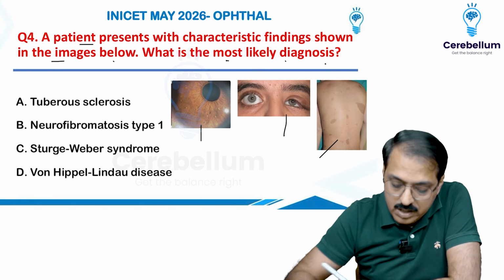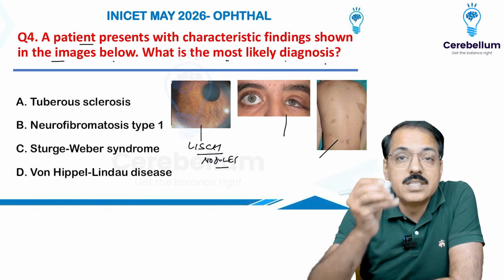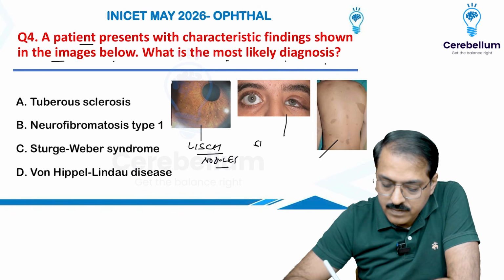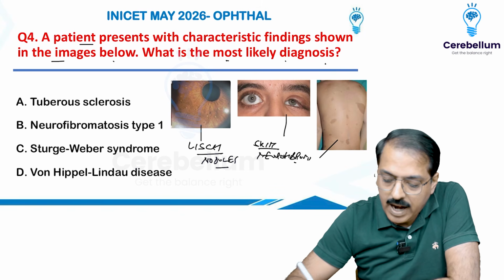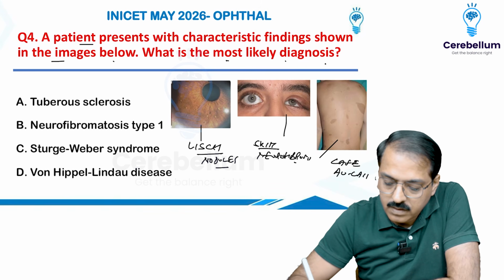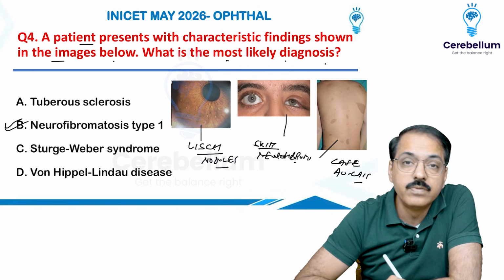I had shown you that these are the Lisch nodules. And this is the skin neurofibroma, the lid neurofibroma. Okay, that is the lesion. And these are the cafe au lait spots. So these are all found in neurofibromatosis type 1.